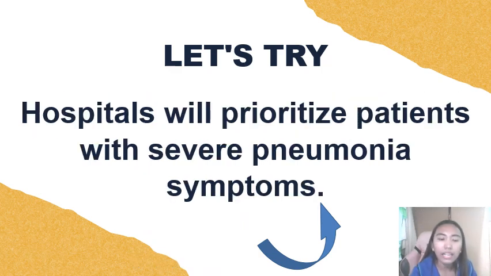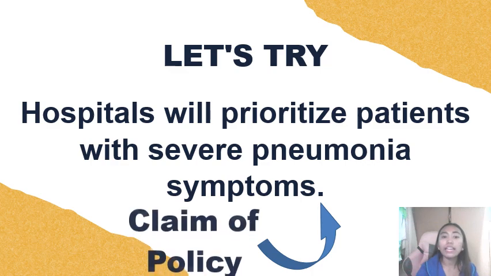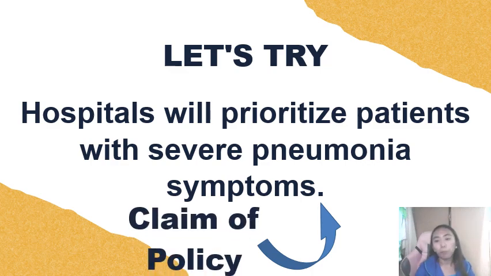Next statement. Hospitals will prioritize patients with severe pneumonia symptoms. What type of claim is this one? The answer is it is a claim of policy. So this is an example of what I was talking about a while ago, that not all claims of policy have the keyword should or must, or should not or must not.